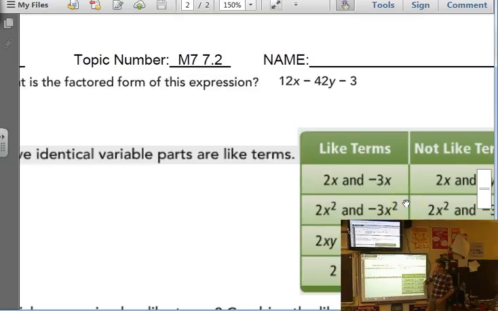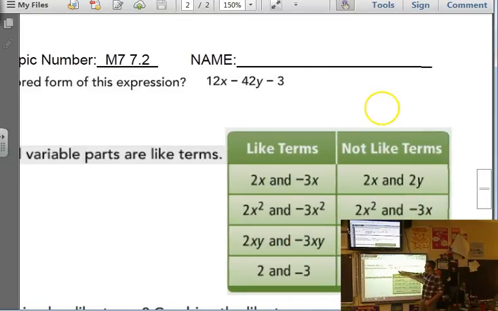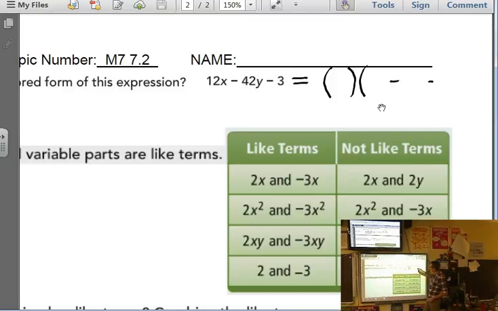So, try this one. On the back, 12x minus 42y minus 3. You got to find that greatest common factor, factor it out, and write it in the correct form. Any questions?